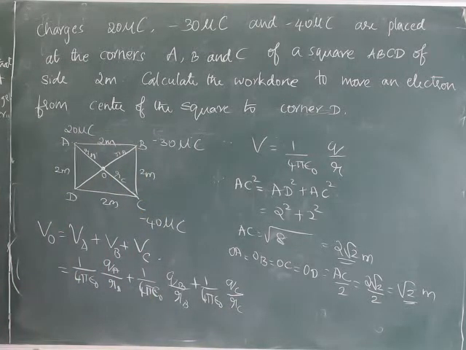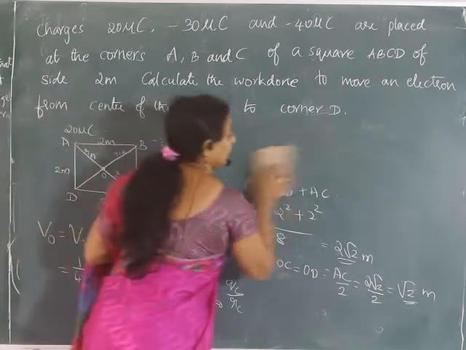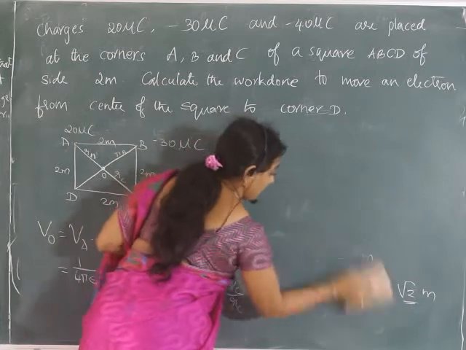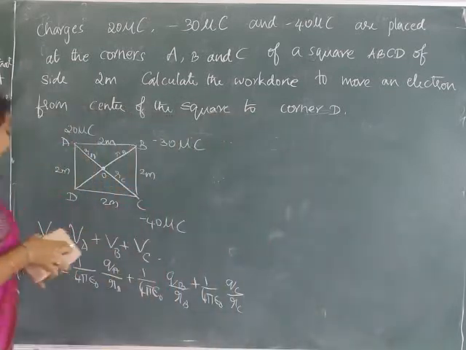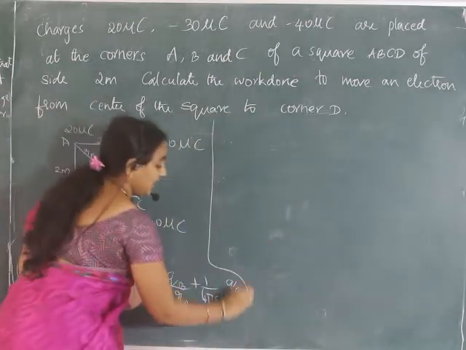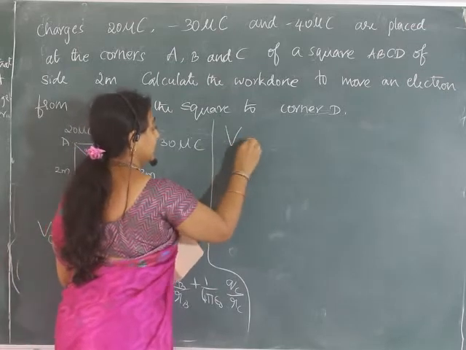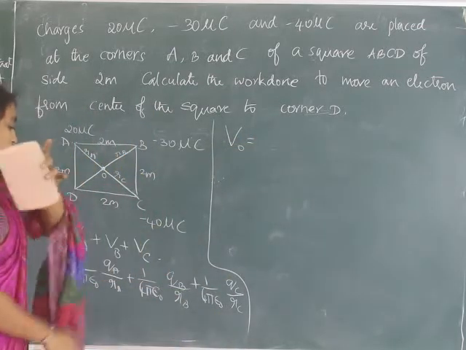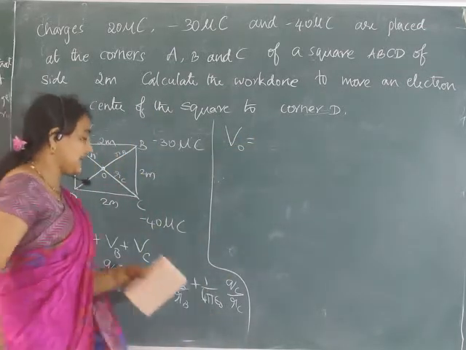Substitute and calculate the potential at O. VO is equal to, what do we get? 9 into 10 to the power 9. See, these three are the same here.